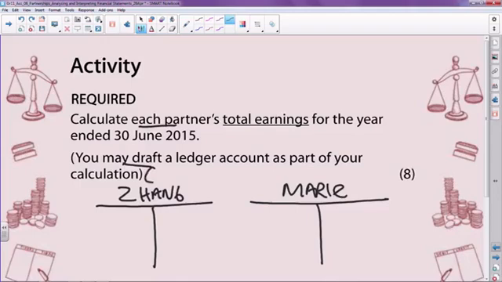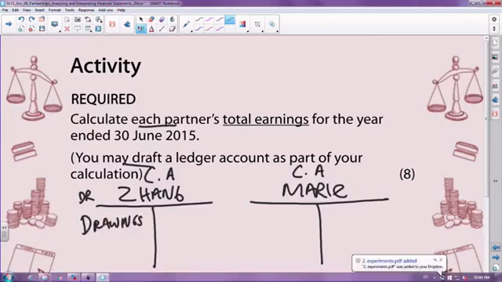You're going to draft the current accounts, so the current account for each partner. What does the current account show us? Now remember, we did ledger accounts a few weeks ago. So on the debit side, we're looking at whatever the owner has taken from the business, in other words, their drawings. And on the credit side, we look at their total earnings.